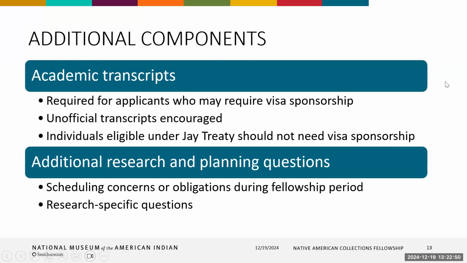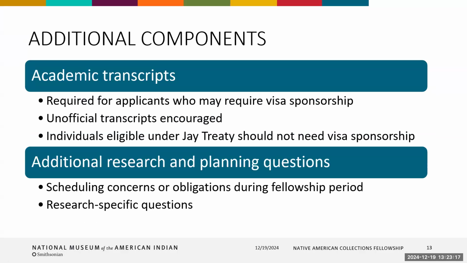Lastly, some of the additional sections you'll see in the application relate to academic transcripts and then additional research and planning. The academic transcripts are really important for any applicants who might be in need of visa sponsorship. Smithsonian sponsors fellows through the J-1 visa program, and it is actually a requirement of that visa program to include those academic transcripts.